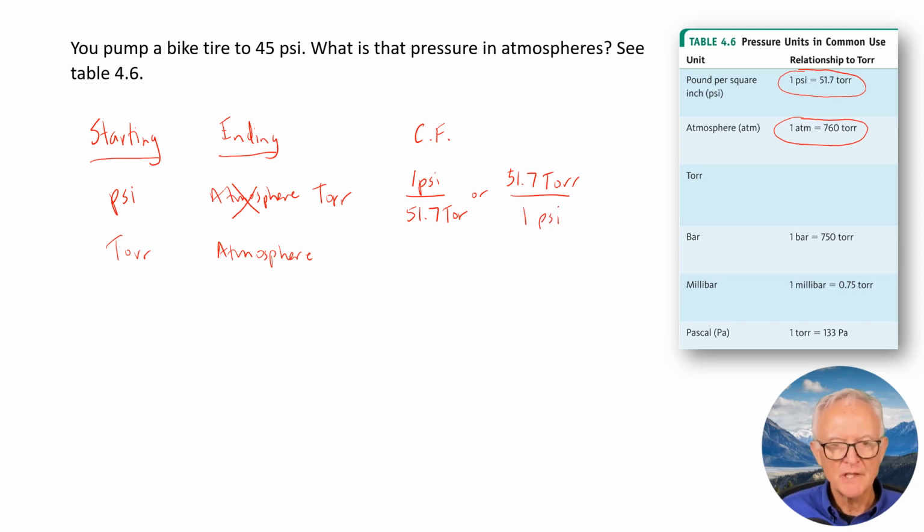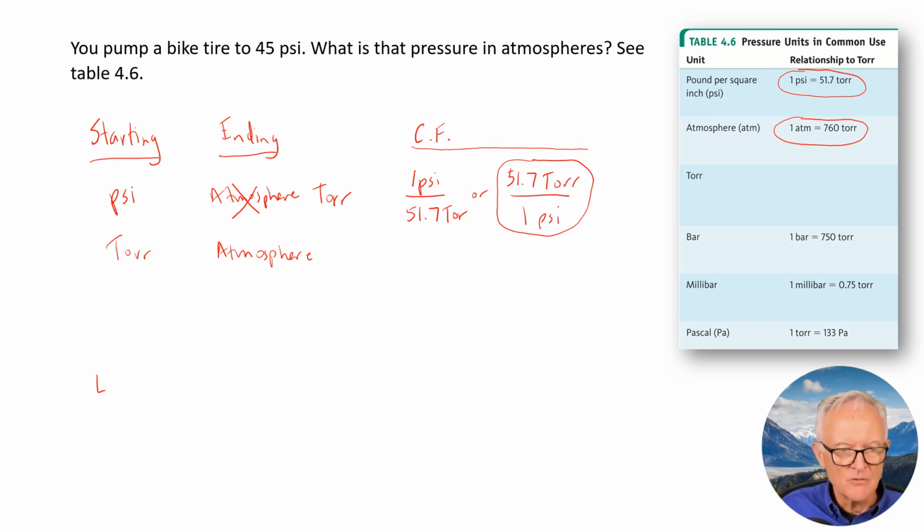So which one are we going to use here? Well, our ending units are in torr, so we want to use the conversion factor with torr in the numerator. So we're going to use the one that's 51.7 torr over 1 psi. So let's do the math on that.